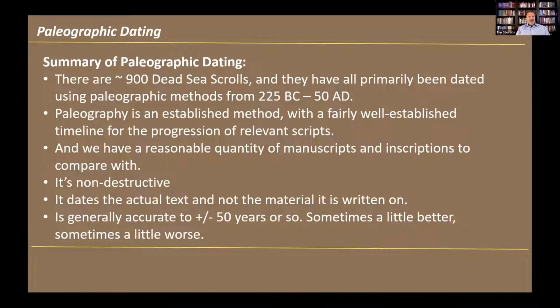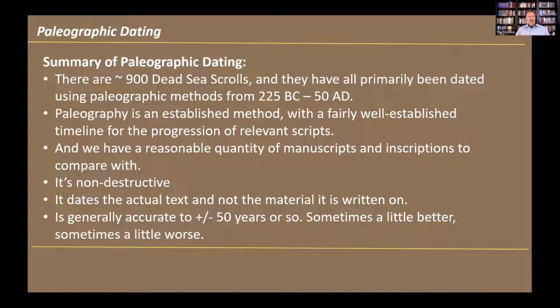So, summary of paleographic dating. There are 900 Dead Sea Scrolls, and they have all primarily been dated using paleographic methods from 225 BC to 50 AD. Paleography is an established method with a fairly well-established timeline for the progression of relevant scripts.